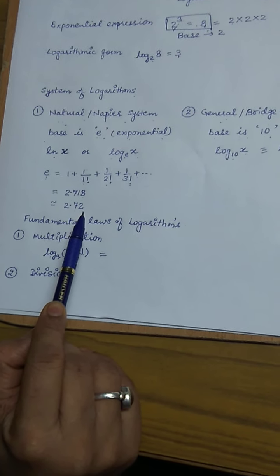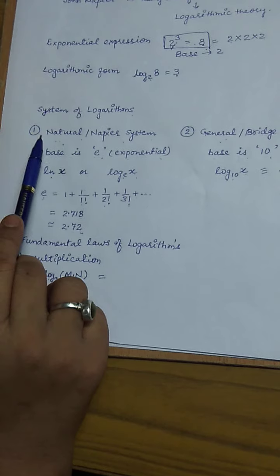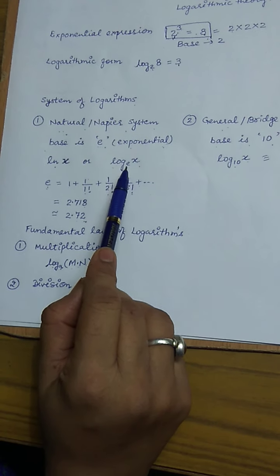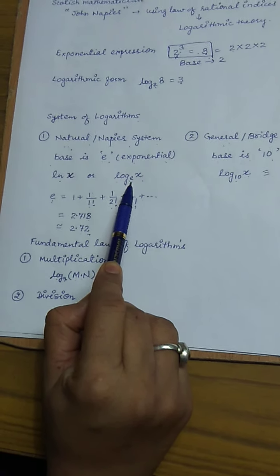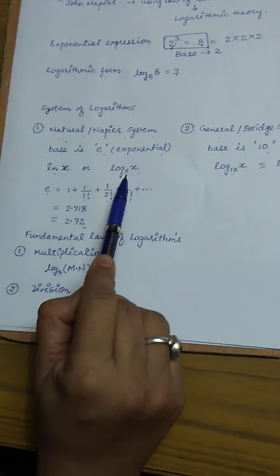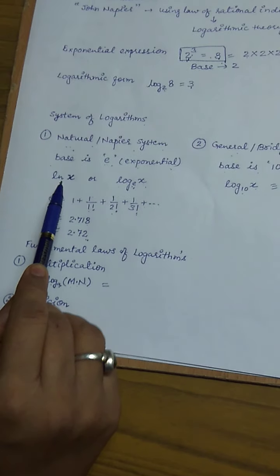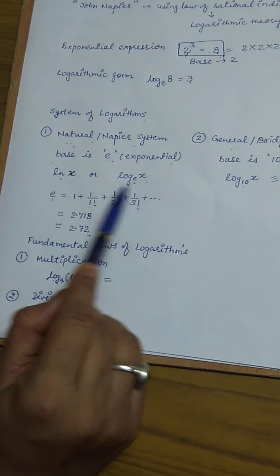In this system, log can be written as log of x with the base e, or ln x. This is called natural log.